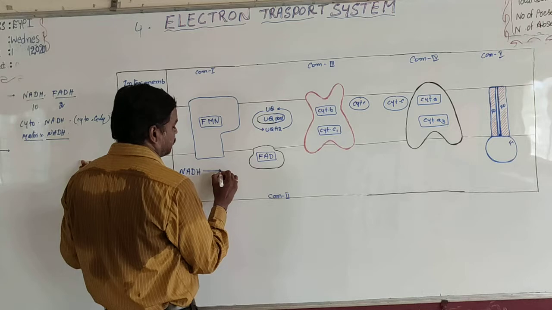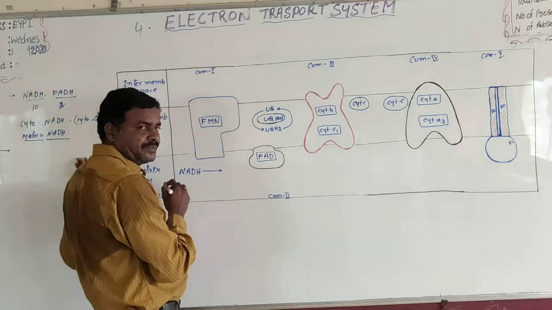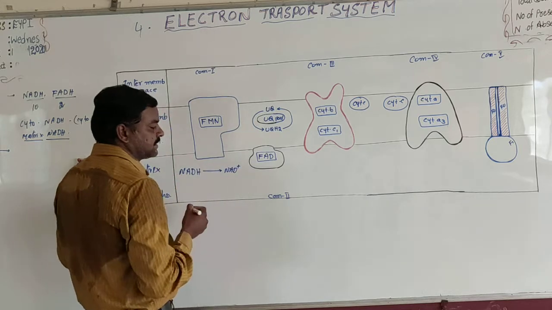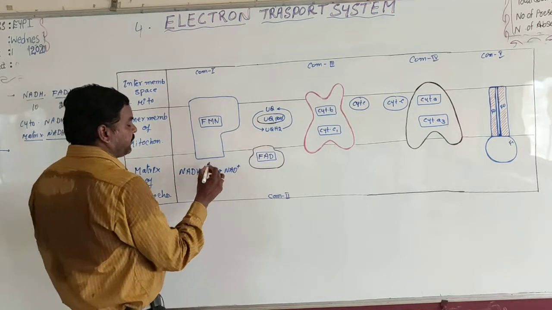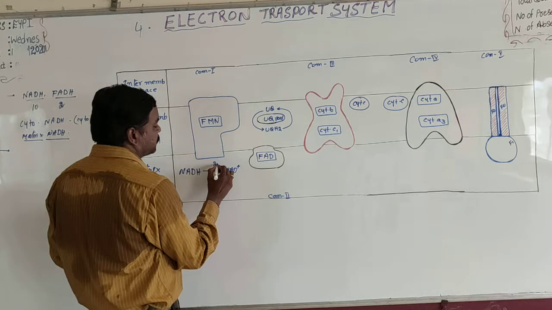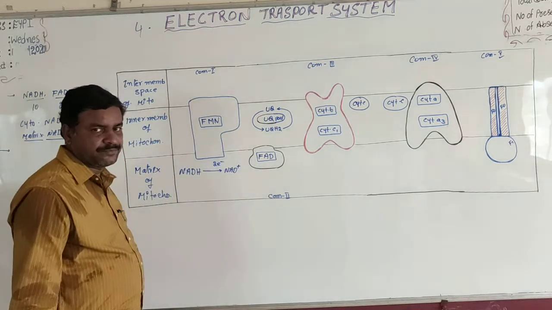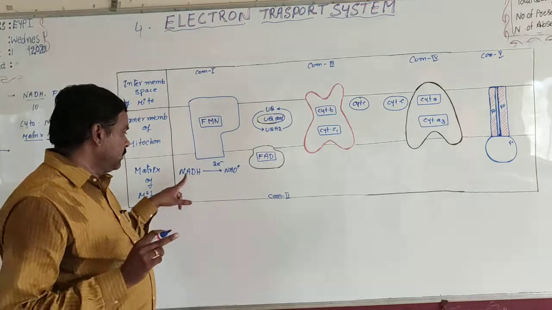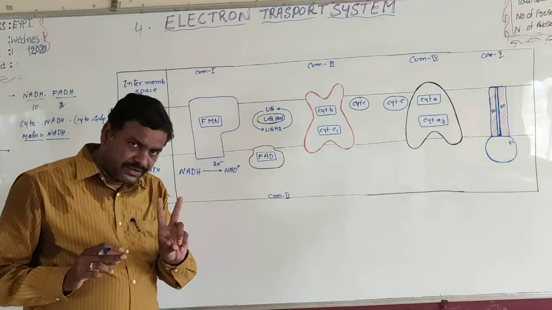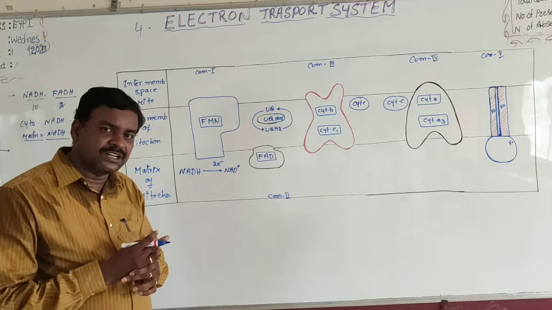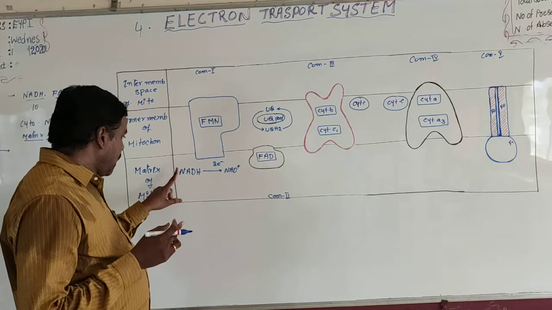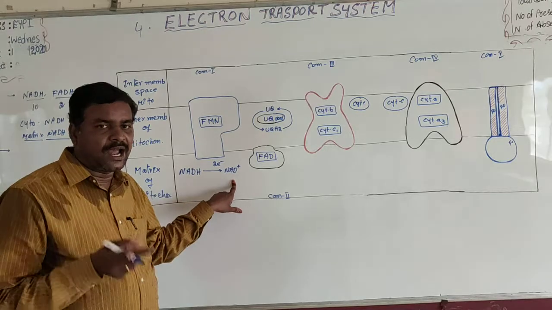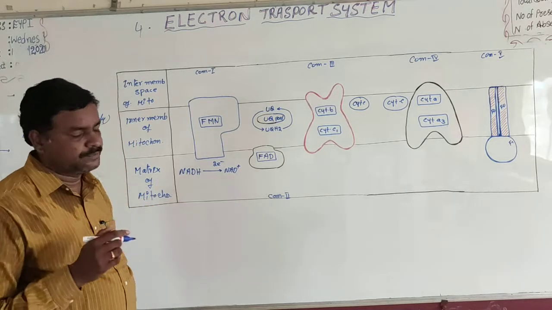Now it undergoes oxidation, leading to the formation of NAD+, and it also yields 2 electrons and 2 protons. Okay, this NADH should contain a pair of electrons, a pair of protons. Protons means H+. Oxidation of matrix NADH2 yields NAD+ and 2 electrons, 2 protons.